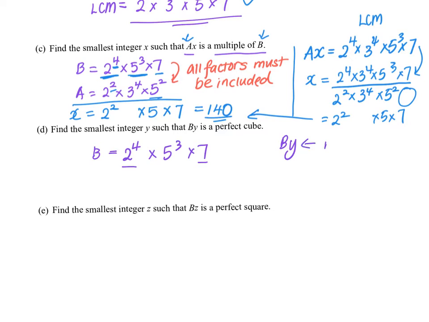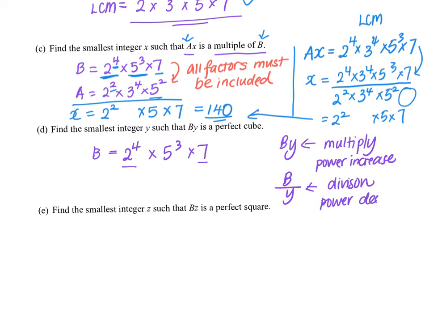When I multiply, does the power increase or decrease? Power increases to the nearest multiple of 3. If the question says B divided by Y, this is division. Then what will happen to the power? Increase or decrease? The power will now decrease.